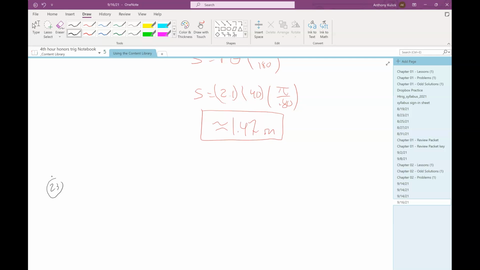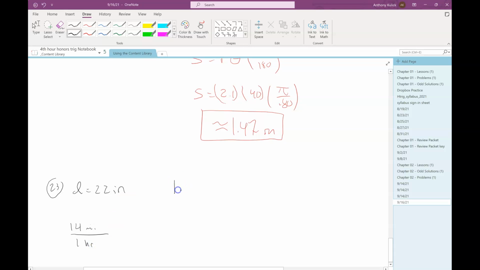All right, anyways, Danny is riding his bike that has 22-inch diameter wheels. Say he can ride 14 miles per hour. How many revolutions per minute are the tires making?